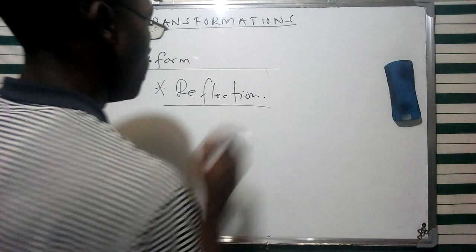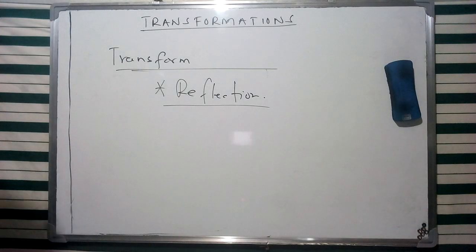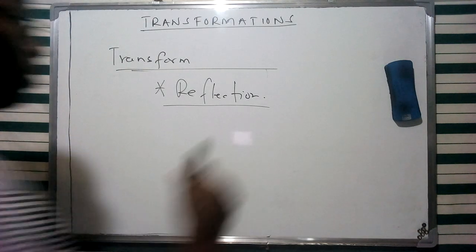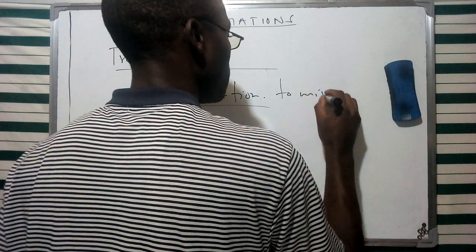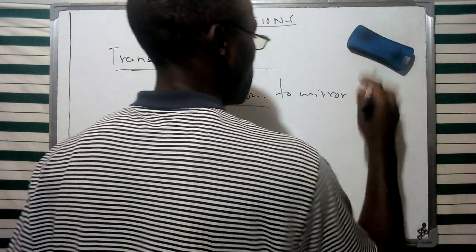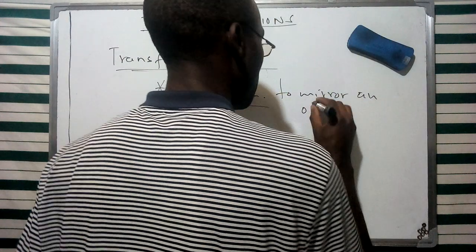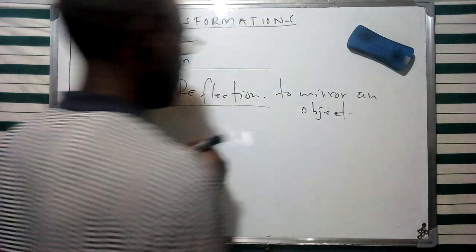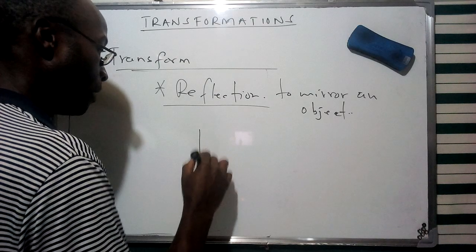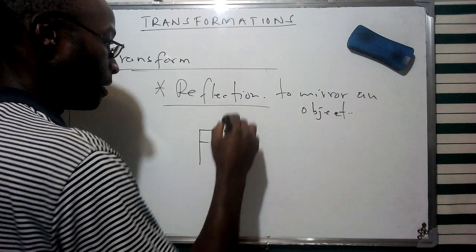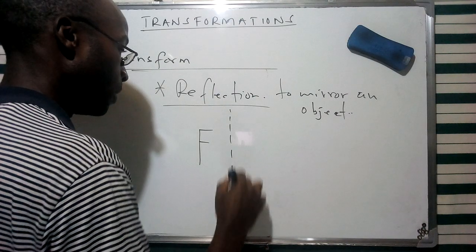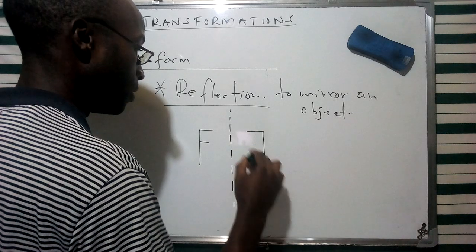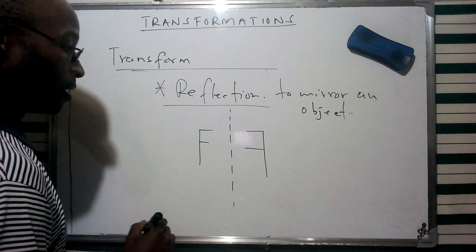The concept of reflection basically means to mirror an object. From the literal meaning, this means that we're going to have an object and a mirror line, and that object is going to be reflected in that specific mirror line.